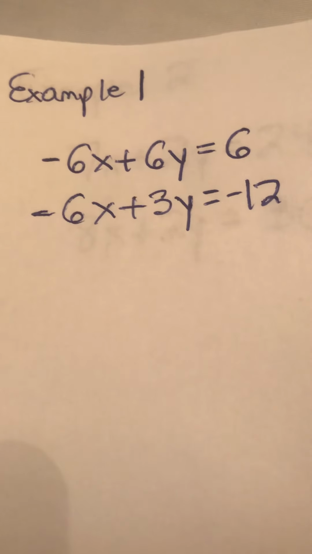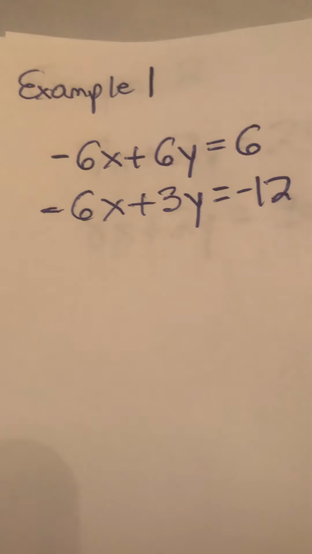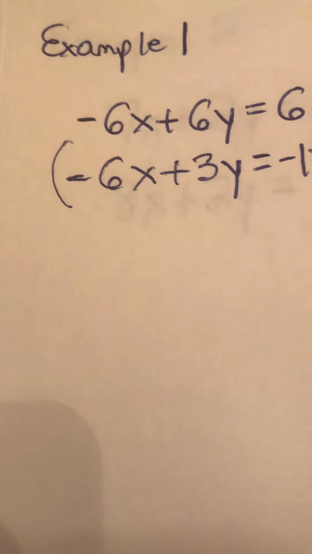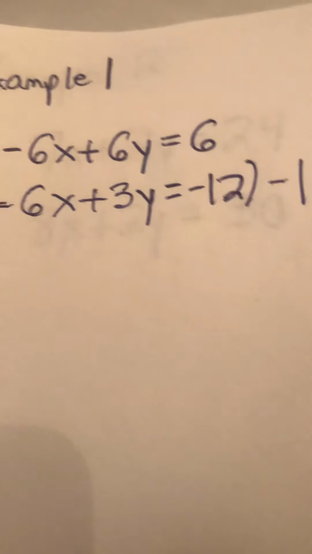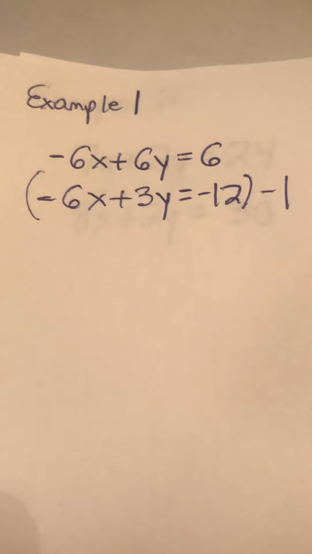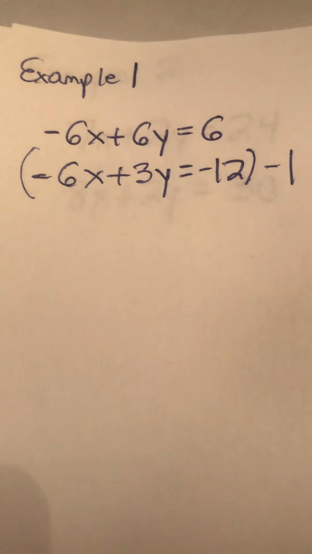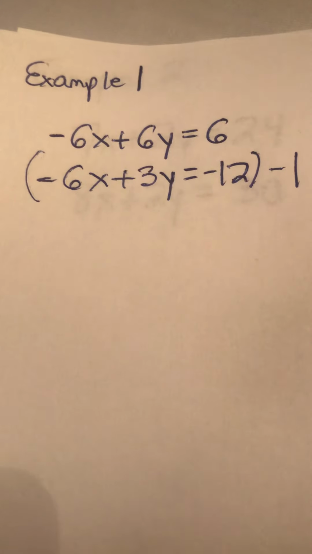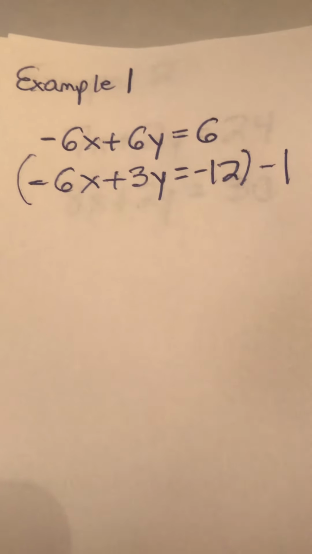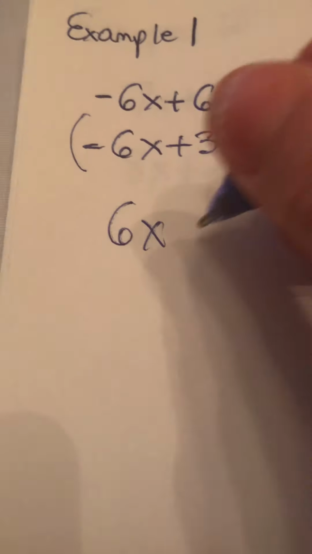So what I'm going to do here is multiply this whole equation by -1. So I'm just going to put parentheses and change that whole equation by multiplying it by -1. This makes it a little bit easier because it's more simple to add than to subtract. So I'm just going to multiply everything by -1, and that's going to change the whole equation.